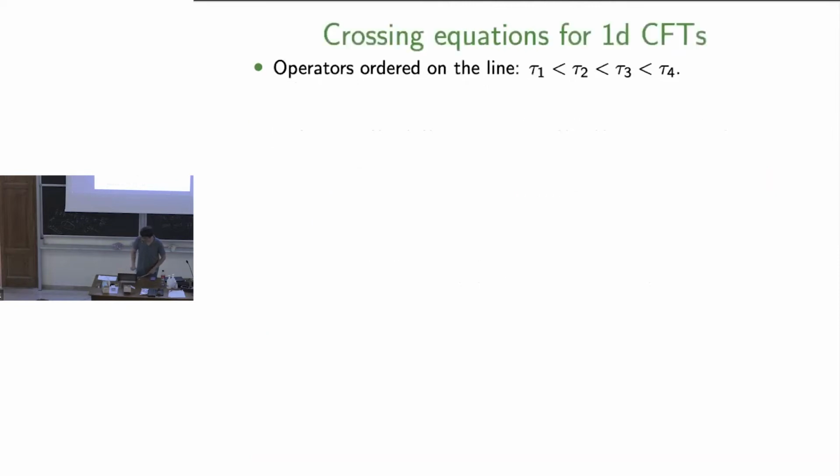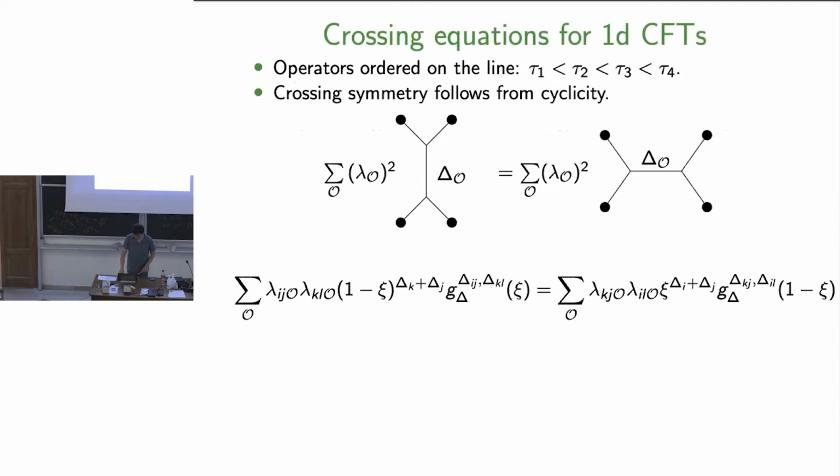So the technique that we're going to use is the modern numerical bootstrap, and in 1D things are a bit different. First, you have to consider the operators ordered on the line. There's not much space on a one-dimensional line, so it's nice to think of it as a circle, and they have this cyclic symmetry.